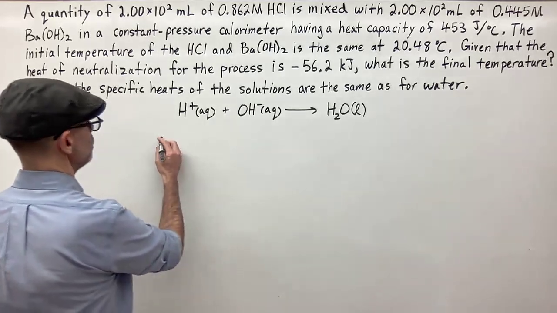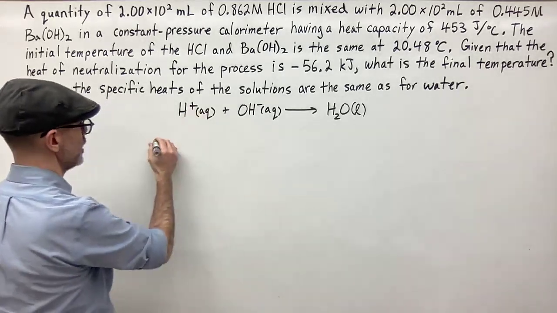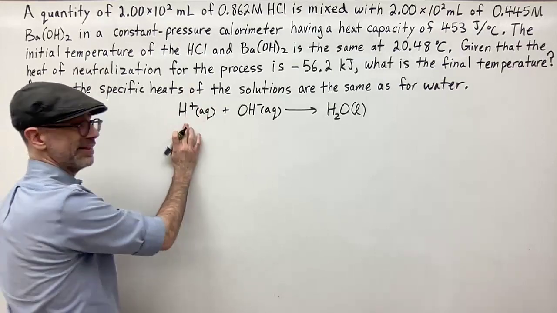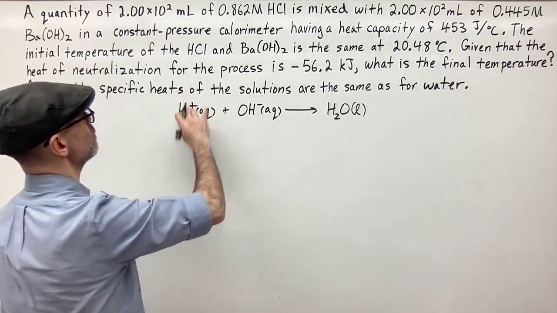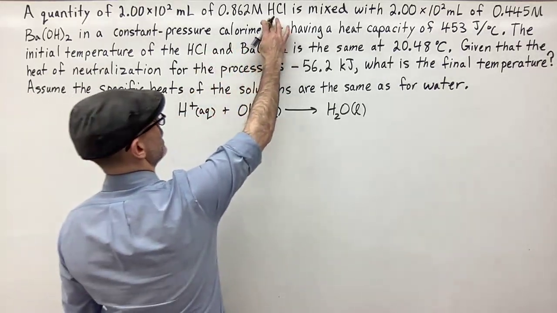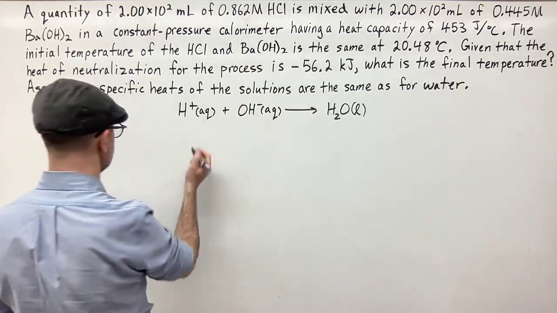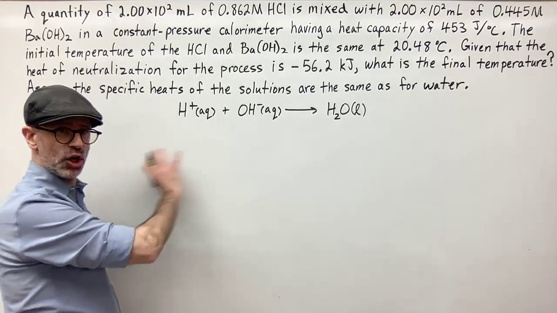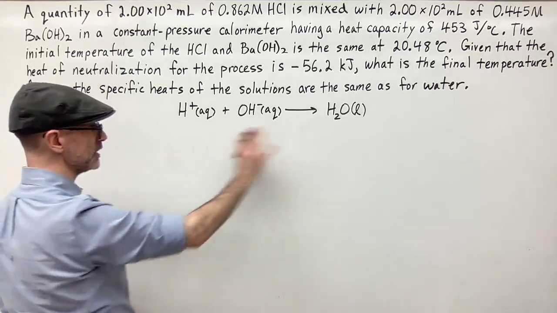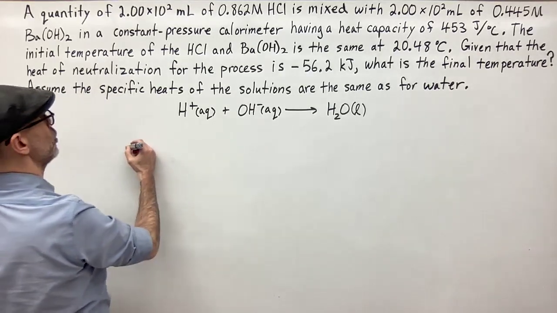I have 200 mL of HCl, which is where we get the H plus from, so I'm going to calculate the moles of H plus. I'm going to do this step by step clearly, without skipping any steps, so that everyone knows what's going on.